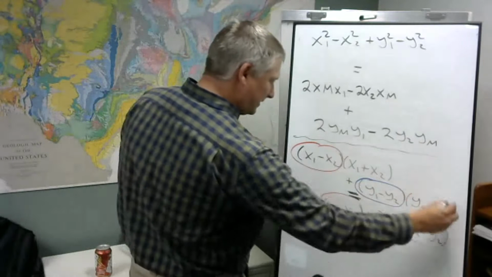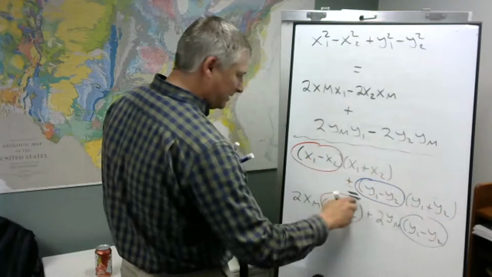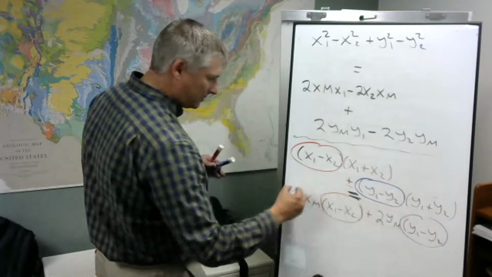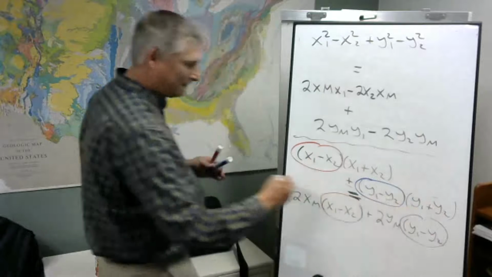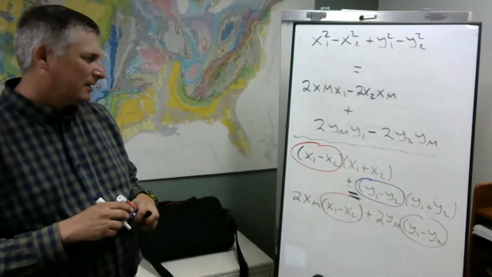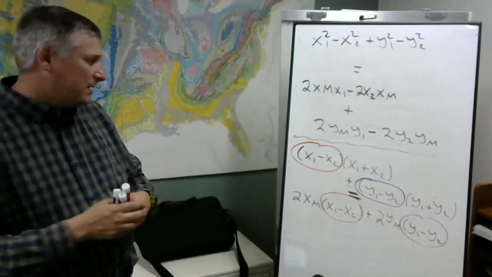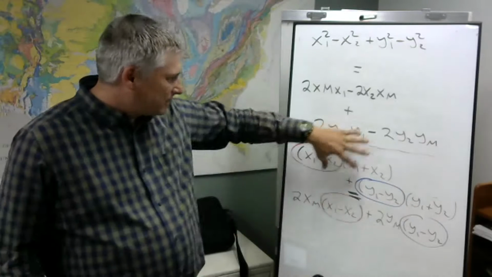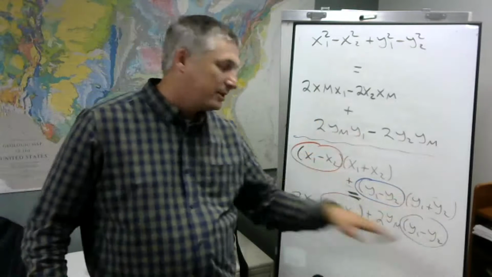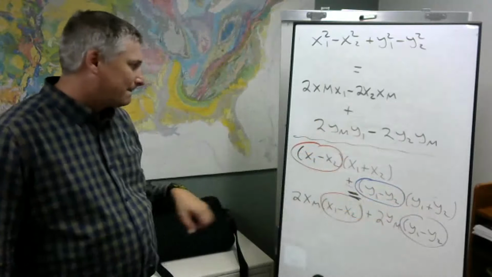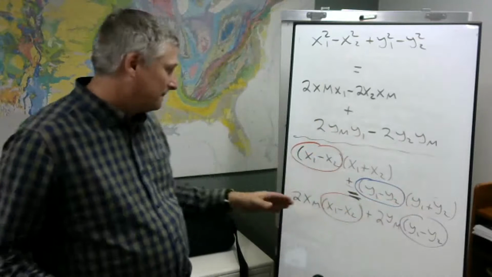So this whole part here equals this whole part here. So for these to be equal, we need the x part equal to the x and the y part equal to the y. Now, that's one way we can approach this.